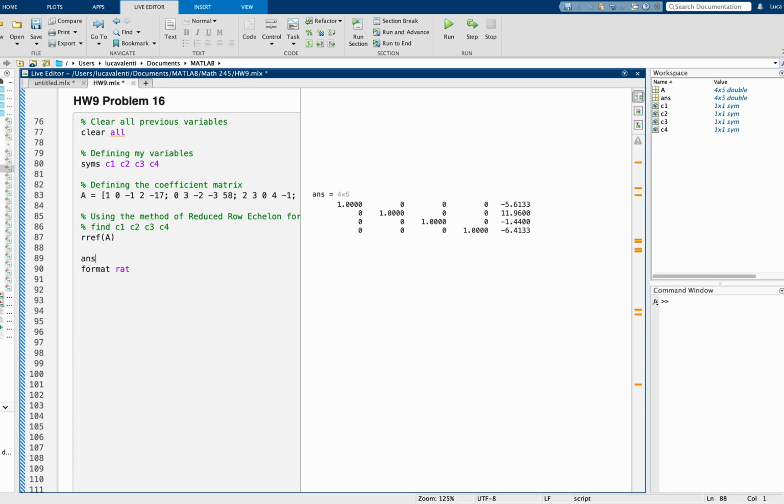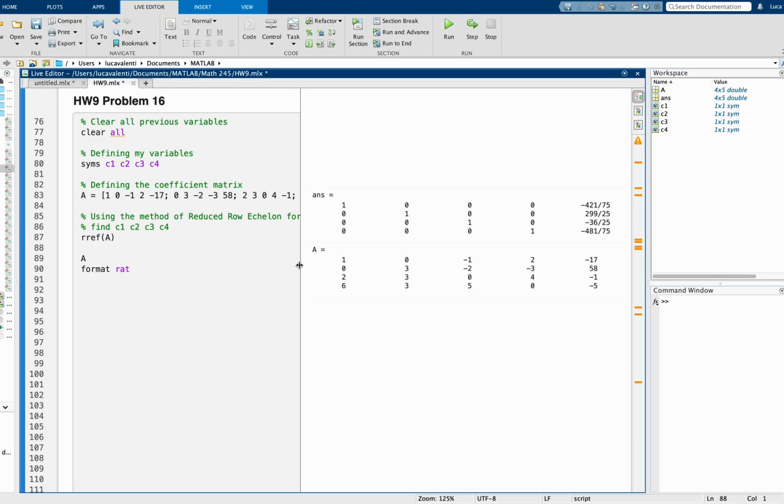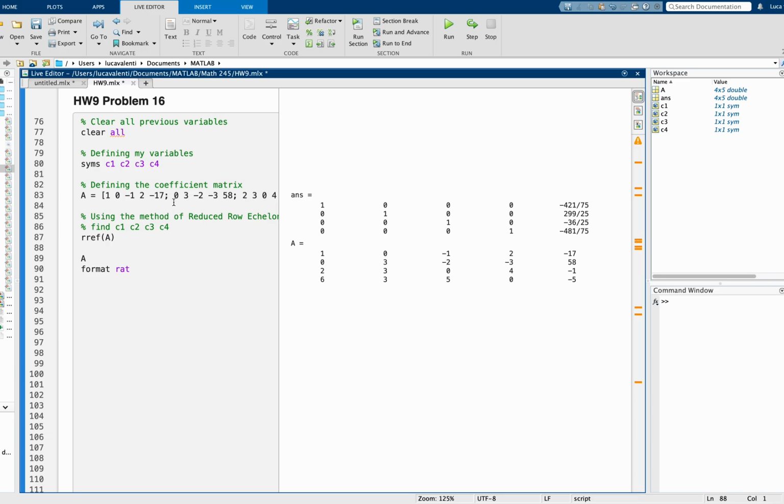We can do A, well, we can do A format rat. No, because A is this one right here. So let's do format rat, and let's see if I put it in on top of this. There you go. Now you get the values in fractions if you like them better.